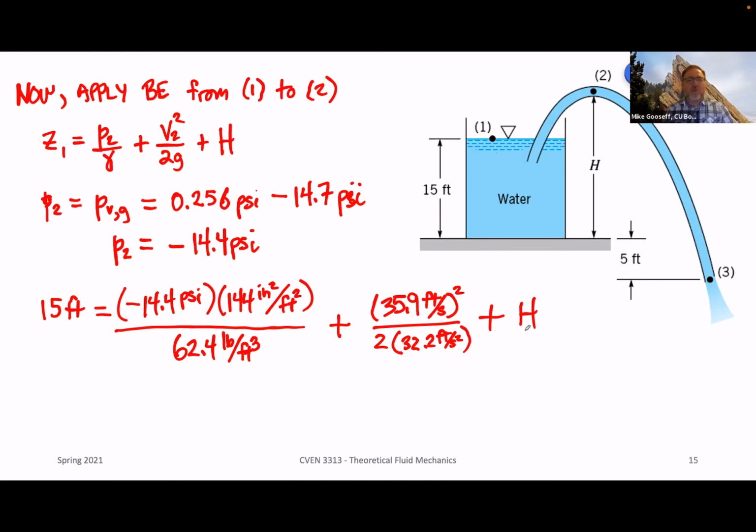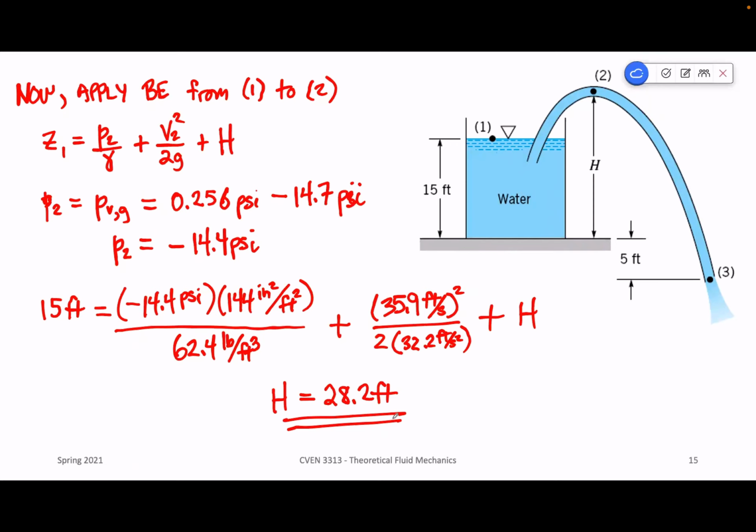When you do all of this math, you basically figure out that H comes out to be a maximum of 28.2 feet. All right. So in other words, if you raised the height H, or the height of this hill, as they call it, to 28.2, you would get cavitation. So anything above that is going to give you that low pressure.